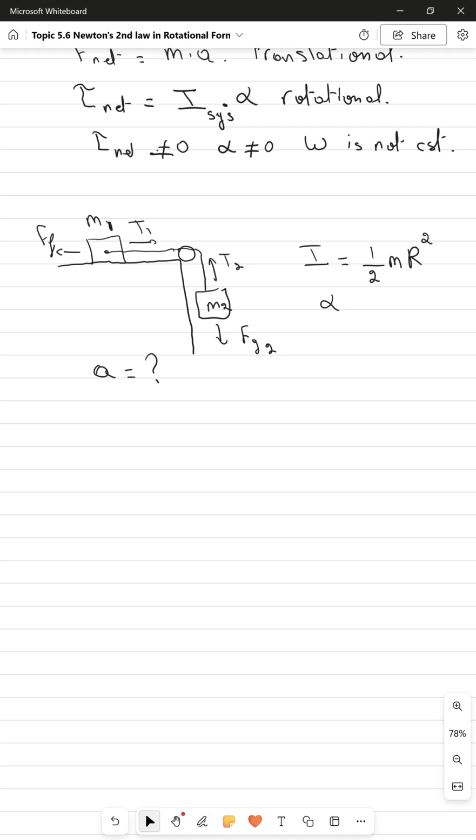We are going to start with m1 first. F net 1 is equal to m1 times a, and the forces here are T1 minus the force of friction, equal to m1 times a.